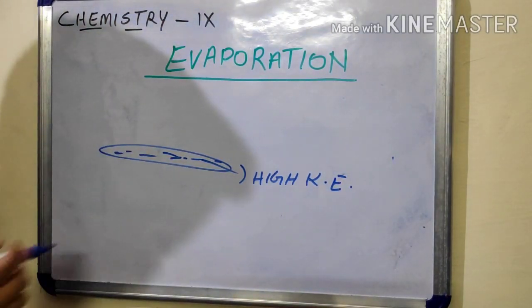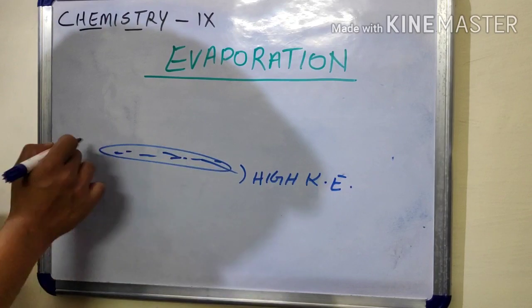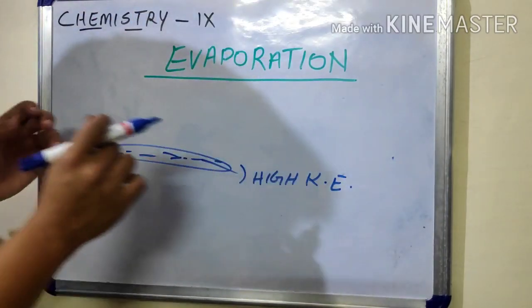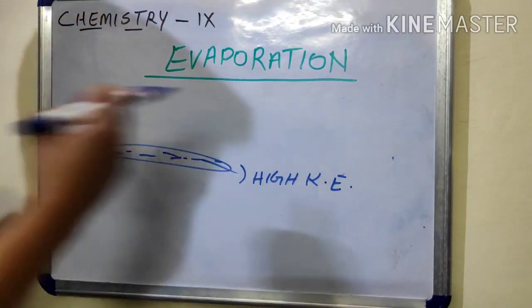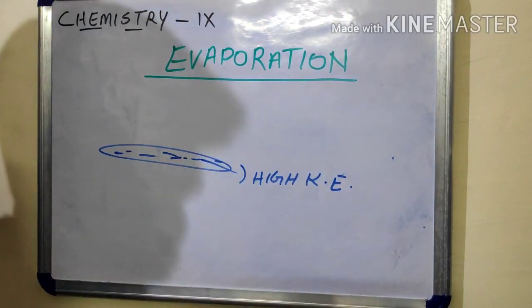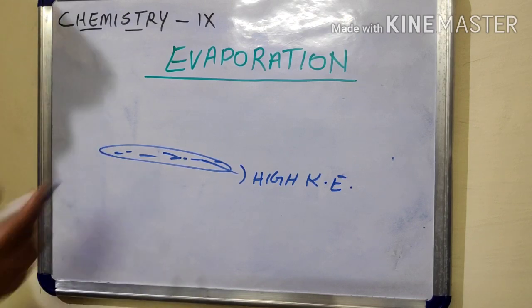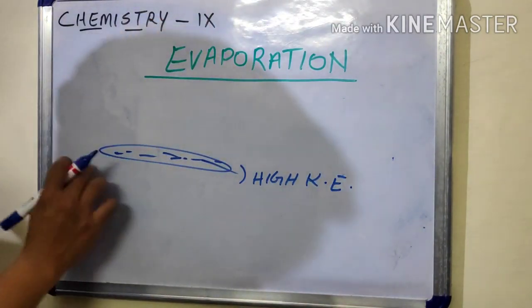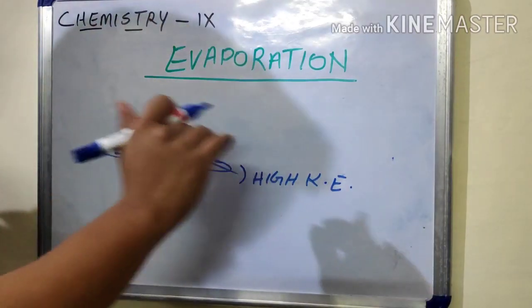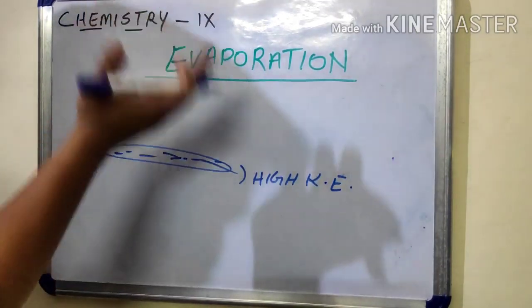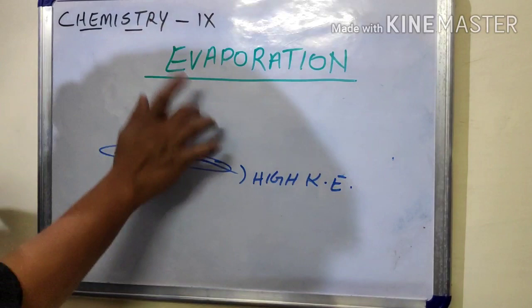These particles on the surface of the liquid break off from the force of attraction and move as vapors. Slowly, each of these particles starts escaping. So the fast moving particles of the liquid, especially on the surface, are constantly escaping to form vapor, giving us evaporation.